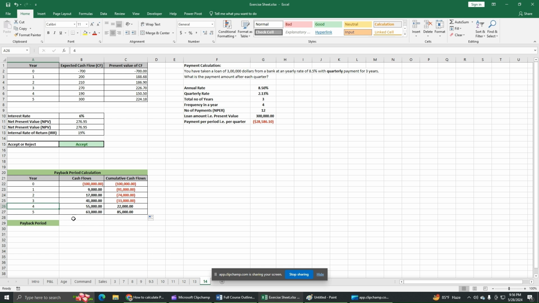$22,000. So to calculate the payback period, we have to take the last year when it was still negative. Here we can see this is that year, so 3 plus, and we can see we needed only this 33,000 to be covered, but in year 4 it generated 55,000.